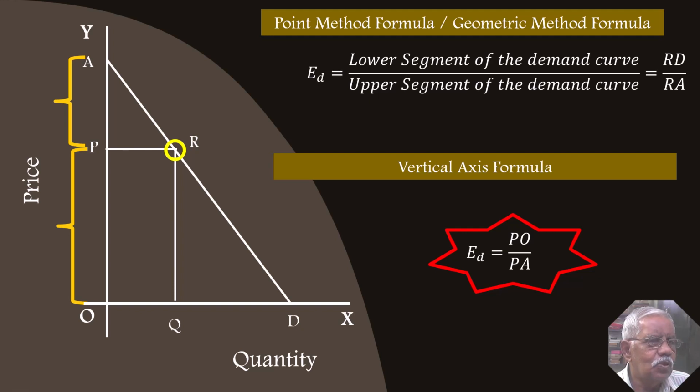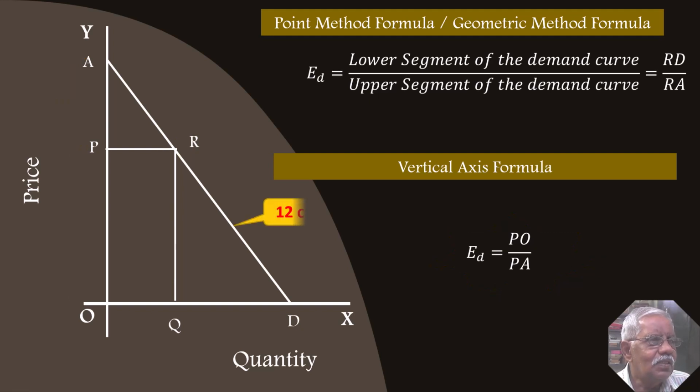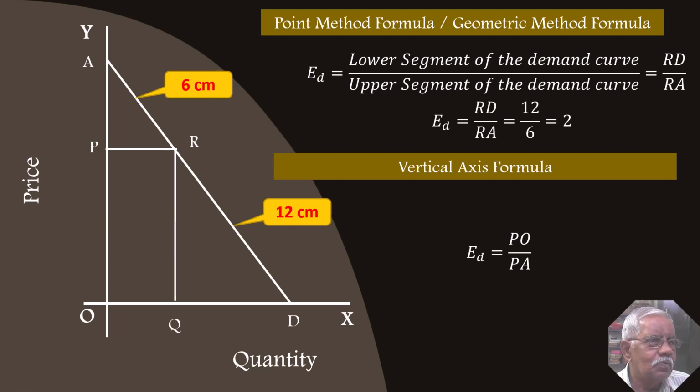Let us use numerical values to understand this. Let the length of the lower segment be 12 centimeters and that of upper segment is 6 centimeters. Then elasticity at point R is 12 by 6, 2.